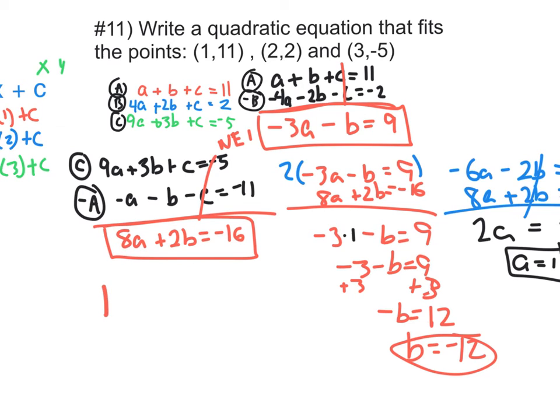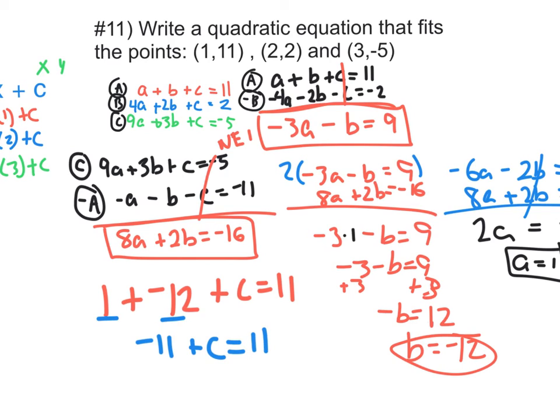A is 1 plus b, that's a minus 12, plus c equals 11. So when we combine like terms, 1 and negative 12, that's negative 11, plus c equals 11. So I add 11 to both sides. C equals 22. So I have my three answers, A, B, and C.